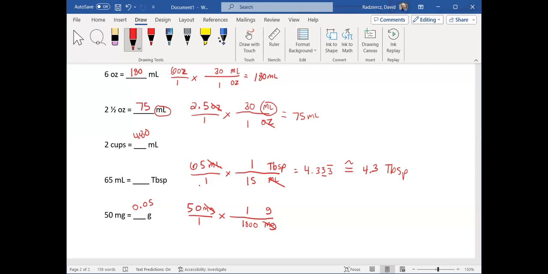And those are the ones that you have to deal with. You won't see decigrams. You're not going to see nanograms. It's pretty much just grams, milligrams, micrograms. If I had changed this to 250 milligrams, then your answer of 0.25 would still be correct. Again, don't round your answers.